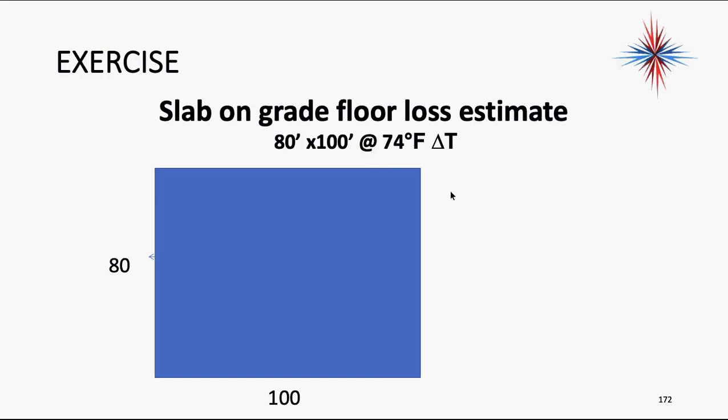Now, because this is such a large floor, you're going to come in 10 feet. So instead of 80, you're going to have 70 as our area there, and instead of 100, you're going to have 90. Because again, we're coming in our 10 feet.